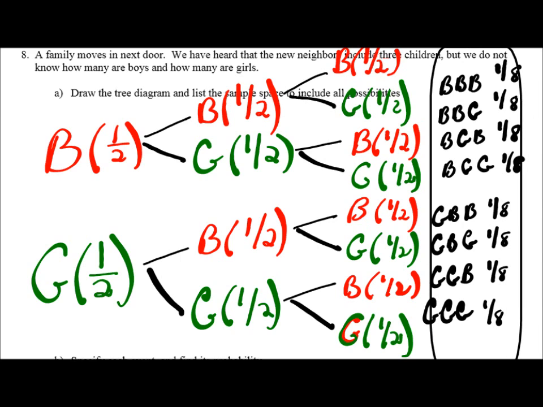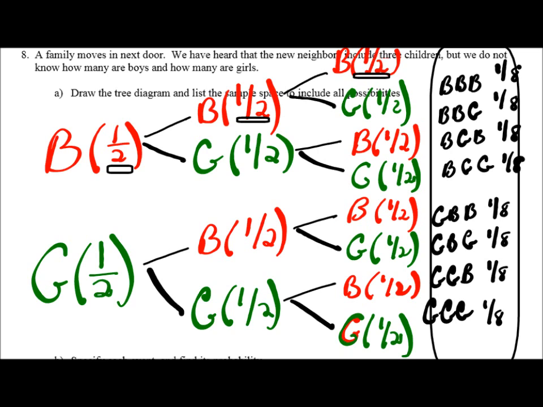Boy, boy, boy, a boy, then a girl, a boy, then a girl, then a boy, a boy, then a girl, etc. And I multiplied the probabilities, a half times a half times a half, to get the probabilities that correspond to each of those selections. Once I have this is really the hard part. The questions they're asking us are, first of all, the probability that the family contains 2 girls and 1 boy.